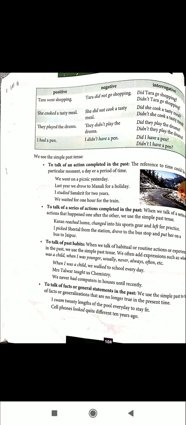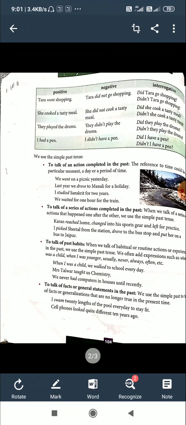So we use reached, changed, left. Three verbs are used, which are in simple past tense, because the actions happened one after the other. Not present. This is correct: action happened, not actioning.